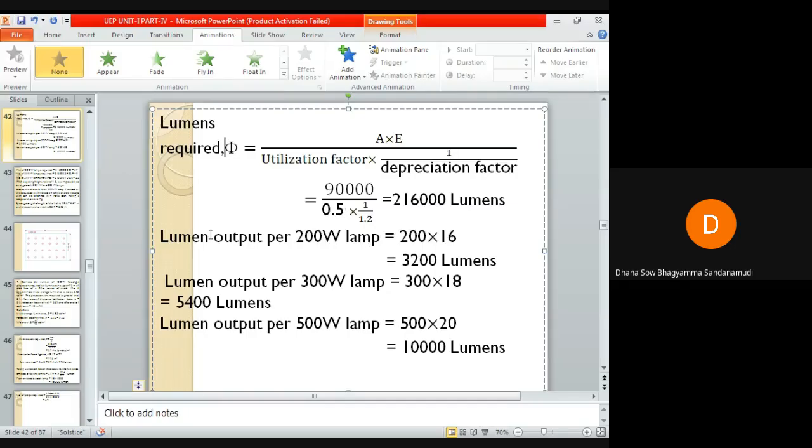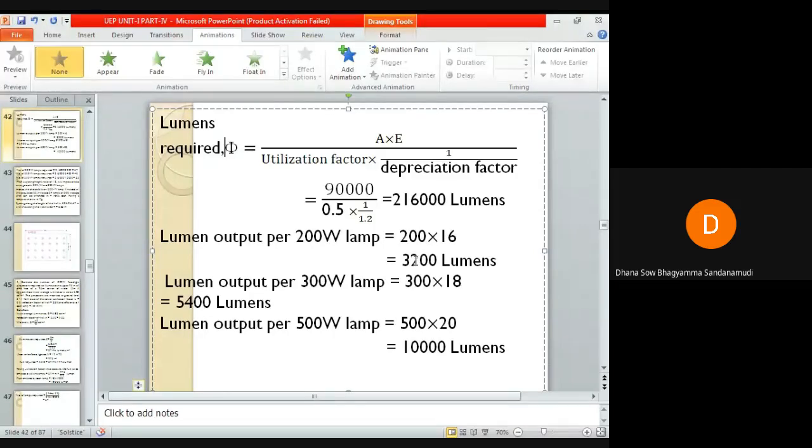So lumen output per 200 watt lamp. Lumens per watt is given, that is 16. So for 200 watt lamp, 200 into lumens per watt, just multiply it, you will get the number of lumens, that is 3200 lumens.